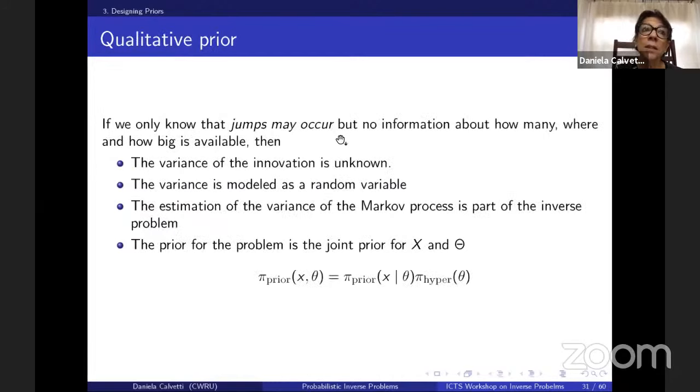If we only know, as I repeat, that we may have jumps, but we don't know how many, where, and how big, then we start thinking about how we model it.